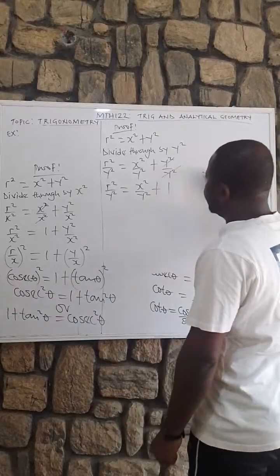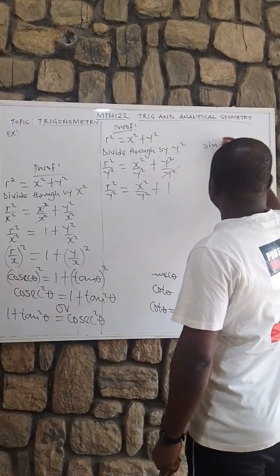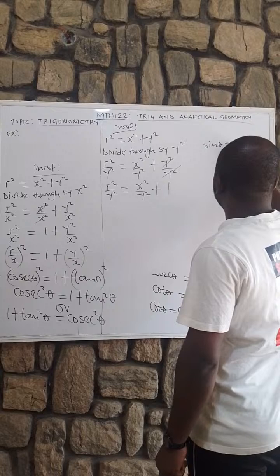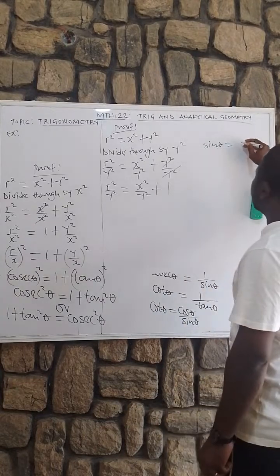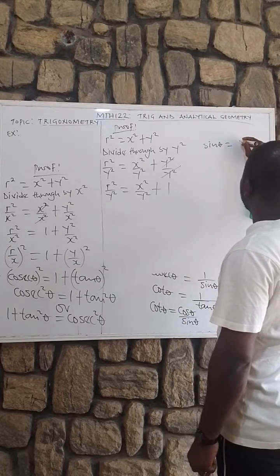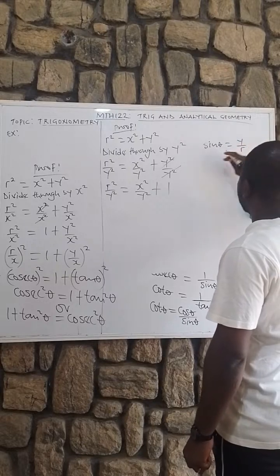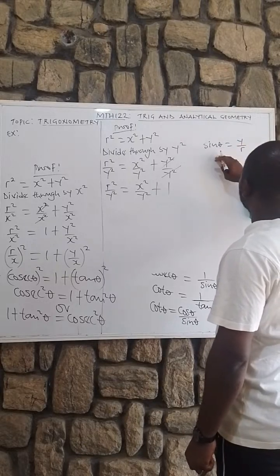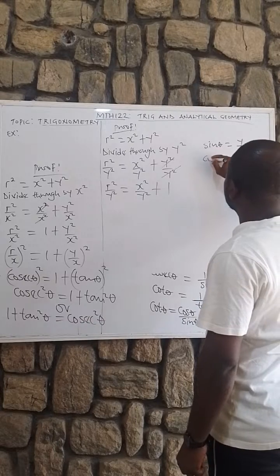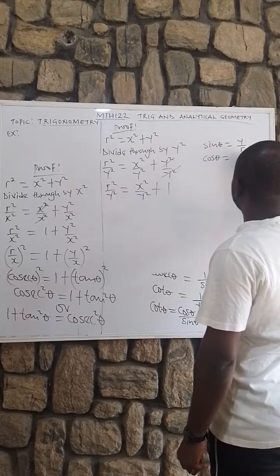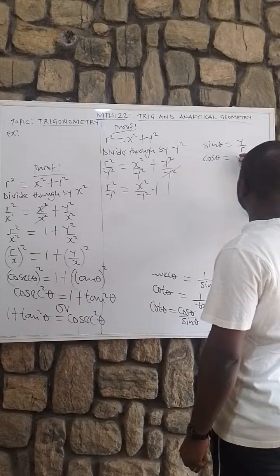So let us go back. We know that sin theta is equals to opposite all over hypotenuse, which is what? Y all over r, right? Then cos theta is equals to x all over r.